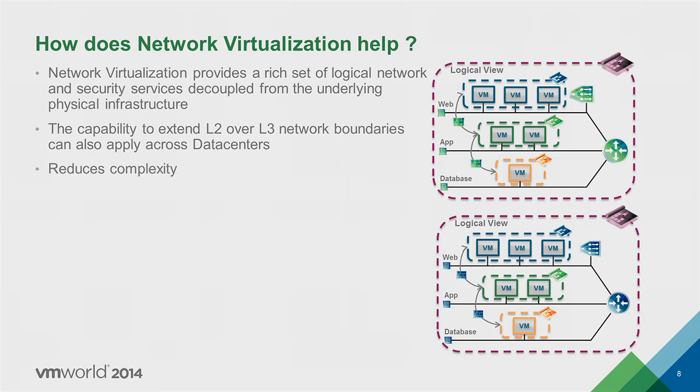And by virtualizing these services, network virtualization also reduces the complexity of the underlying physical network. The physical network is still critical. It's an IP transport that is needed for reliable packet delivery. But because we're no longer exposing the virtual machine information to the physical network, we're no longer tied to a physical location either.